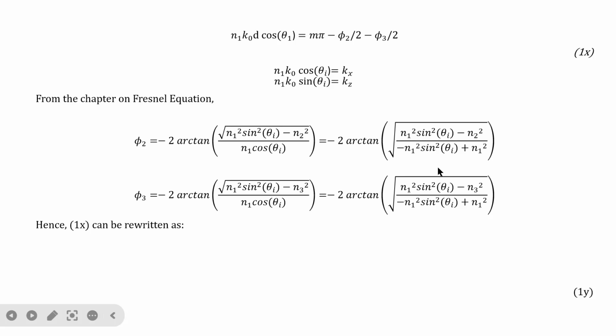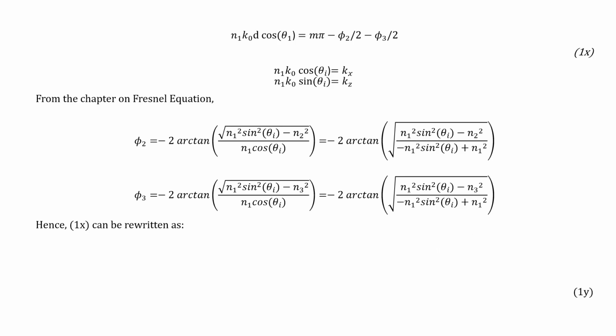So the only difference between these two expressions lies in the refractive index. The upper one, I mean this equation, is n2, the lower boundary is n2, the upper boundary is n3.